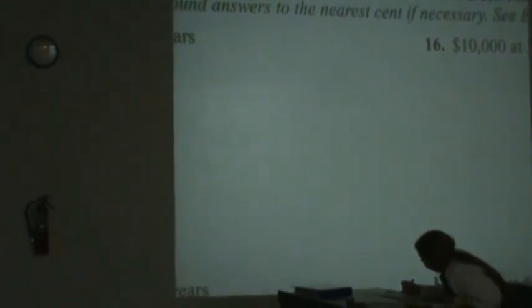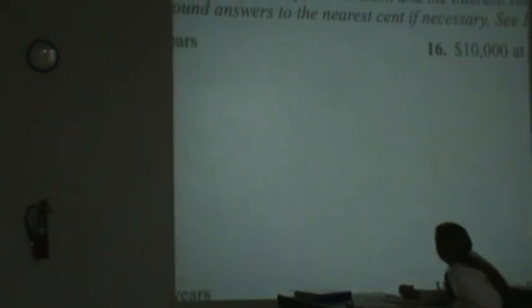You only have to use that one number from the table. I can't even see what we're doing. I have it too blown up. Are we doing compound? Number 17, right there. Yes, this whole section is compound. So it's going to be 8,000 times 1.06? No, it's not. You're not going to be doing that. You're going to take it off the table. You don't have to do it that many times.